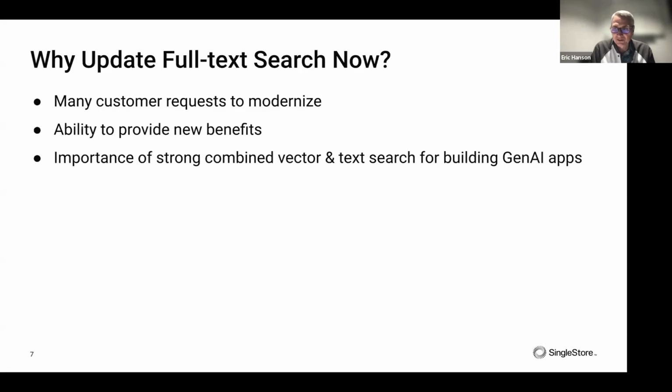They want to do what's called retrieval augmented generation, and be able to find the data they need with both vector-based search and full text search, and feed that into their large language model to do question answering with what's known as RAG, or retrieval augmented generation. So that's made text search even more important because people want to do a great job with RAG. That's why we updated full text search now.